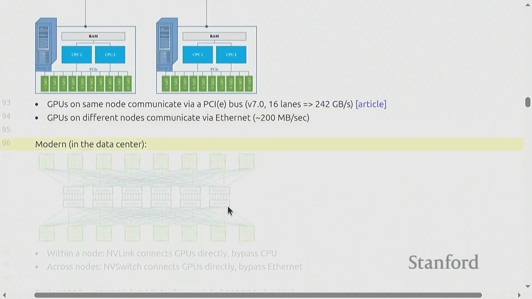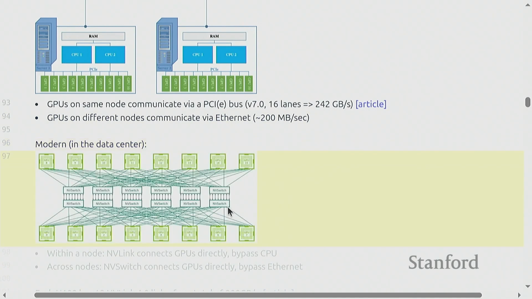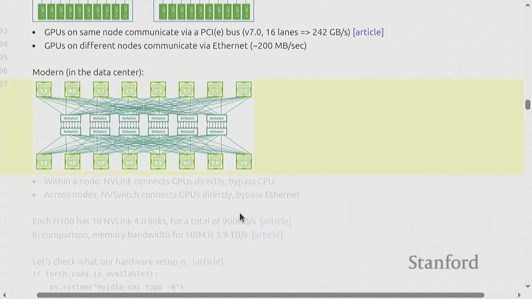So what has happened in modern times with scientific computing and deep learning is that if you know you're going to just string a bunch of GPUs together and do something together, then we're just going to hook the GPUs up directly, basically. So in the NVIDIA ecosystem, we have NVLink that directly connects the GPUs, therefore bypassing the CPU.